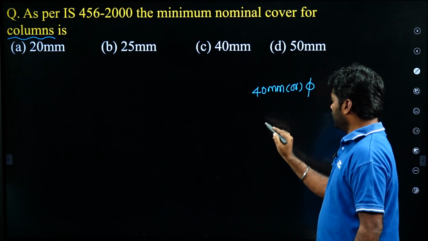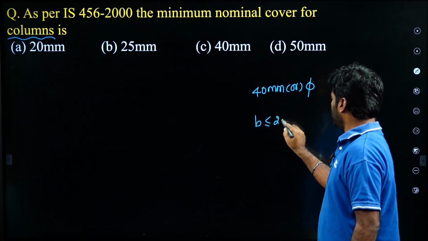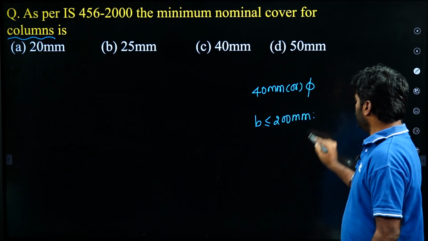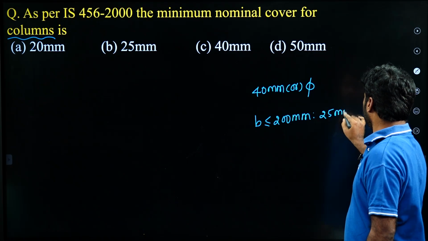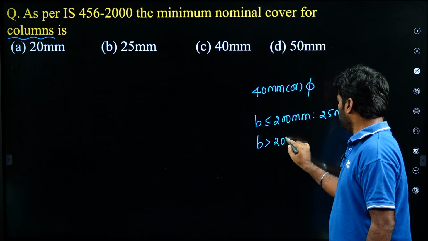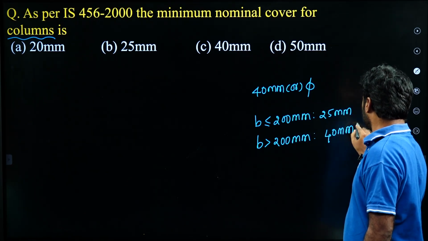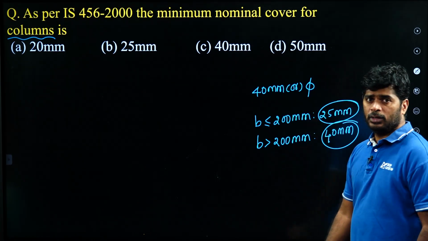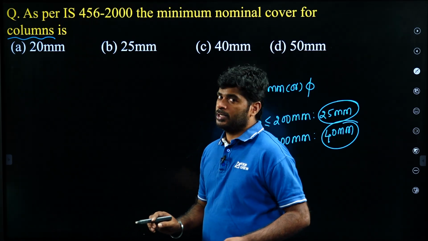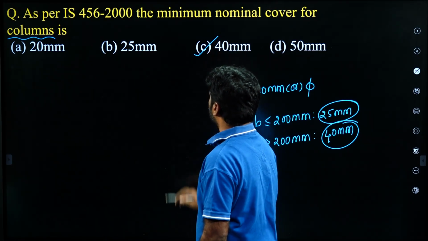One more case is there: if the least side of the column is less than or equal to 200 mm, then minimum cover can be 25 mm. If the least side of the column is more than 200 mm, then minimum cover should be 40 mm. Here they have not mentioned any size of the column, simply asking what is the minimum nominal cover required. So you pick up directly 40 mm.